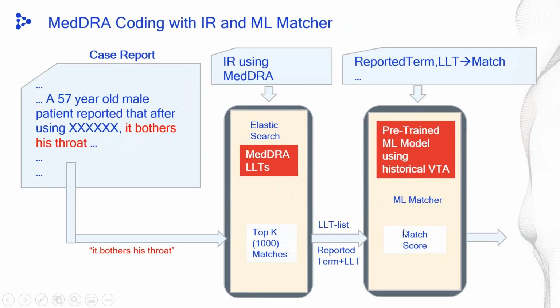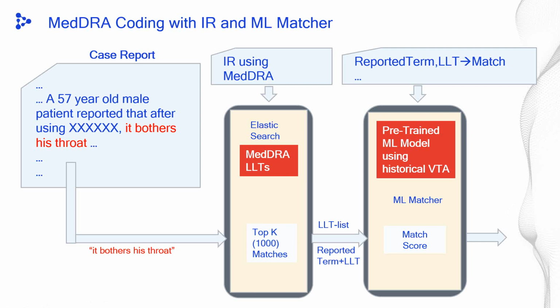And the matcher is trained using a historical data set of reported terms and the codes in the historical database. It is trained to match and produce a score for this shortlist of LLTs that were found to be close to the reported term. And that gives you a ranked list of LLTs. We can just pick the top one, or the top 5 can be displayed to the manual reviewer who can pick the right match. So that's one use case. We found fair success with this one.